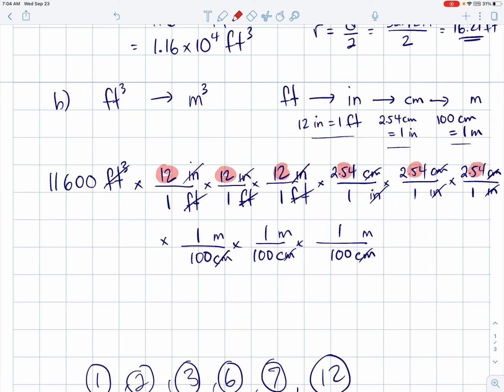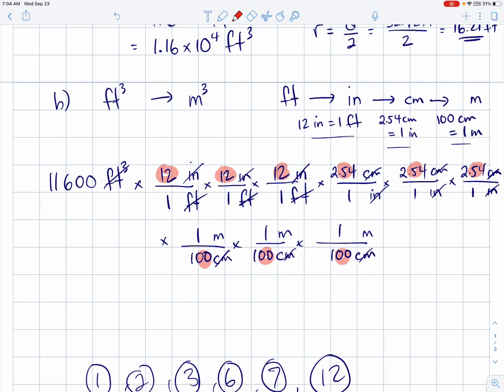The 2.54s are also in the numerator, so I'm going to multiply by those also. The hundreds are in the denominators, so I'm going to be dividing by 100 3 times. Now what about all those ones? Well, if you divide by a 1 or you multiply by a 1, the answer doesn't change. So I'm going to just ignore all of the 1s on my calculator.